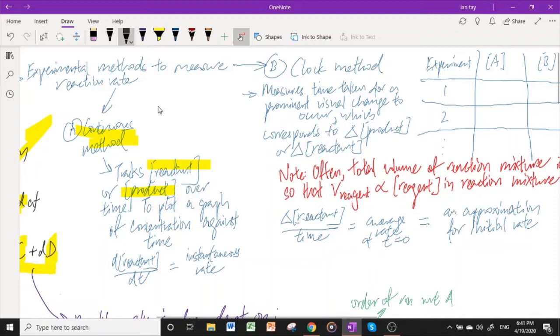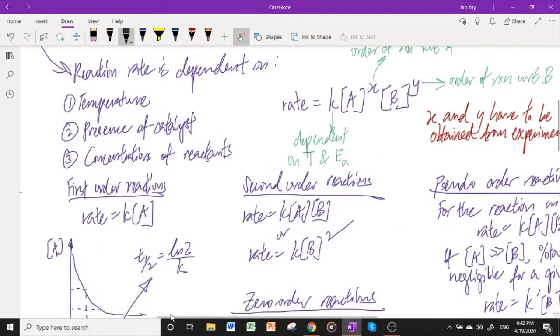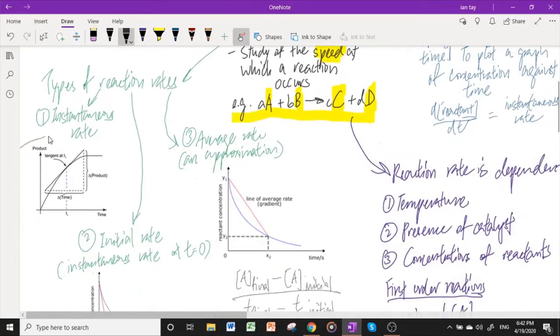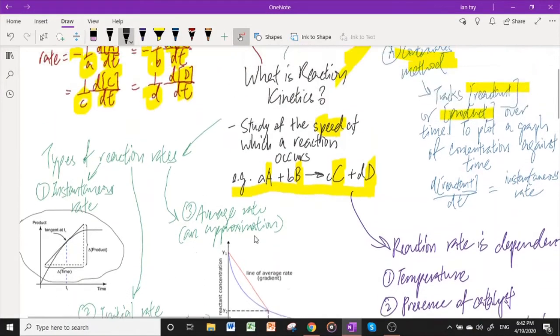So we need to take these values of concentration of reactant or product over time and plot the graph of concentration against time, as I've shown you earlier. The graph of concentration over time will look something like this, and we can draw a tangent to the curve at any point in time to find the instantaneous rate at that point of time.